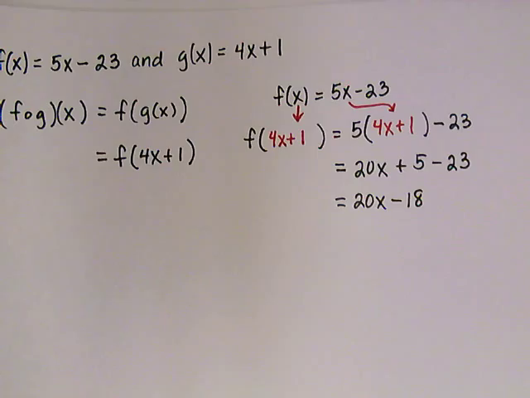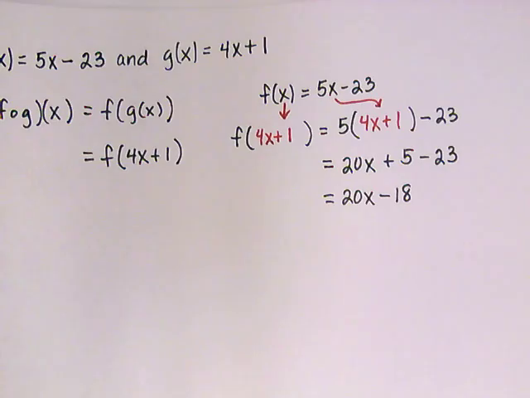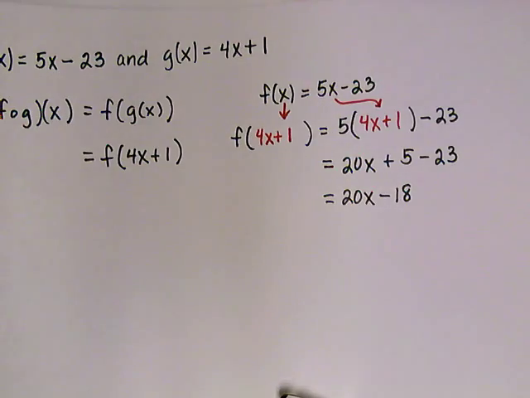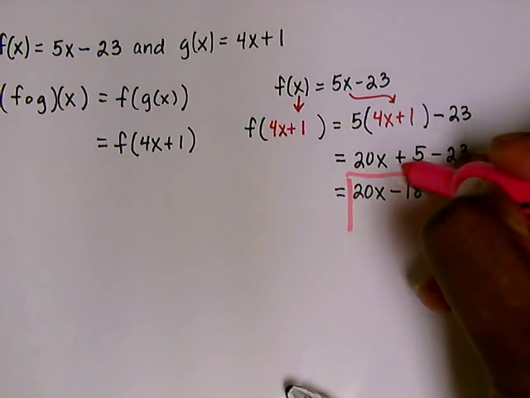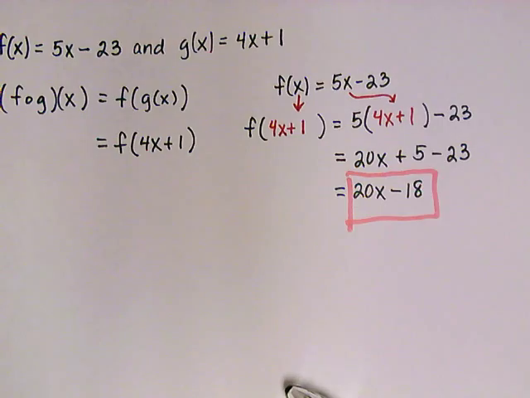So the composition of f with g of x will end up being 20x minus 18. Okay. So this I'm going to put in the pink box to represent the composition of f with g of x.